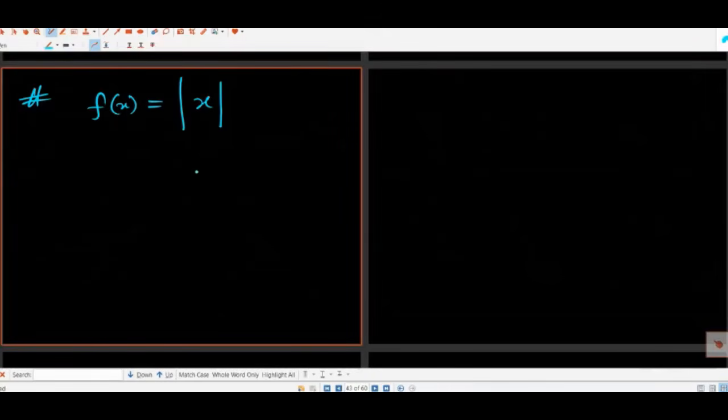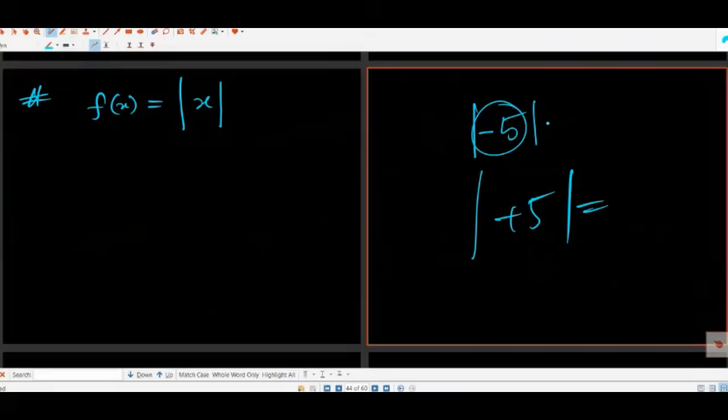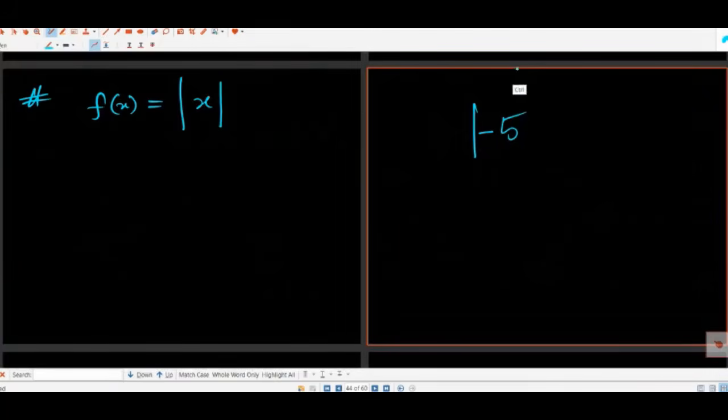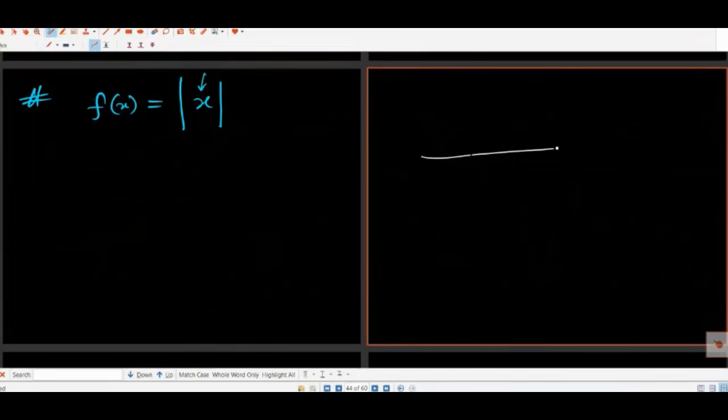Inside the absolute value, the quantity may be positive or negative, but the result will always be positive. We can think about all real numbers for x, so I'm drawing the real number line: 0, 1, 2, 3, -1, -2, -3.